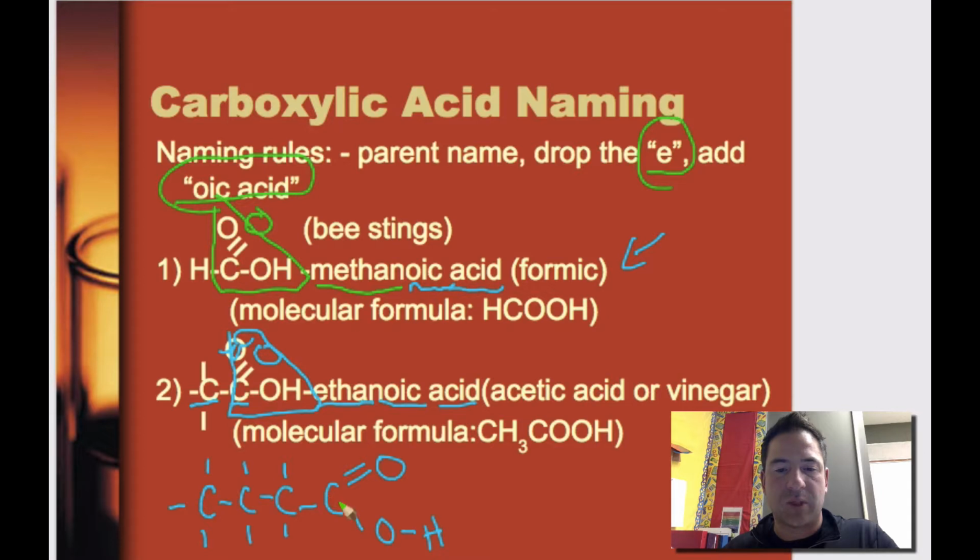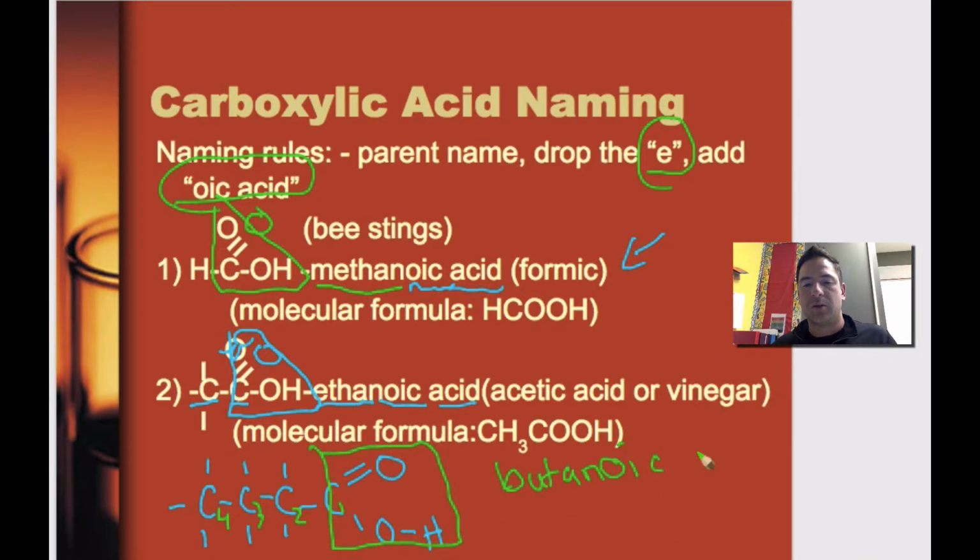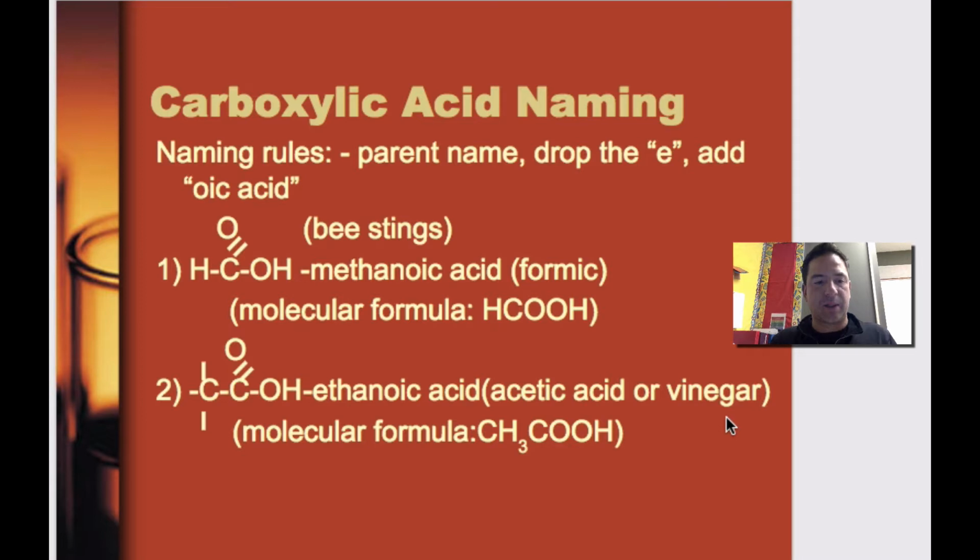So I have 1, 2, 3, 4 carbons. So now I know that's going to be but-. So butane, but it's a carboxylic acid because I can see that carbon, my hydroxyl, and my carbonyl. So I'm going to end it oic acid.